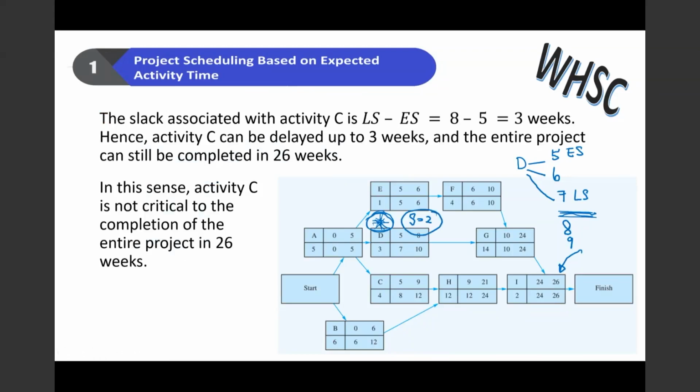Activity B, for example, has a slack of 6. So 6 minus 0, or 12 minus 6, is 6 weeks. That means activity B can be delayed by 6 weeks from its early start date, and if it is, the whole project will still complete on time.